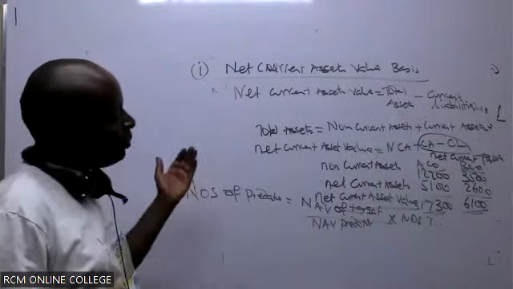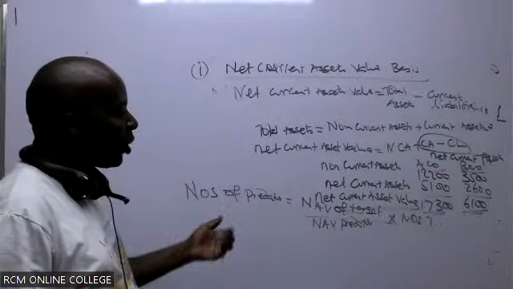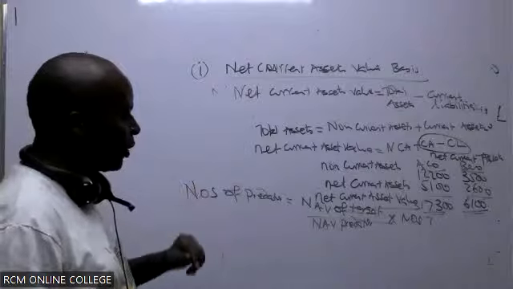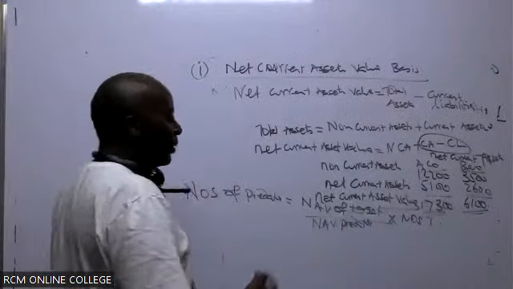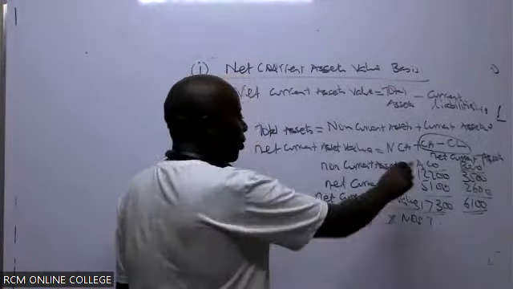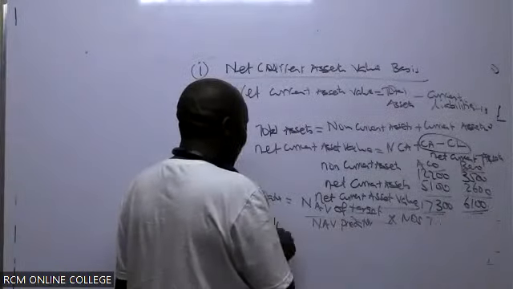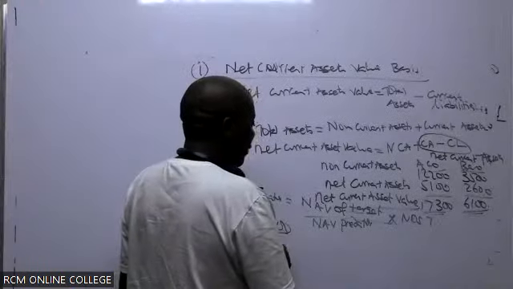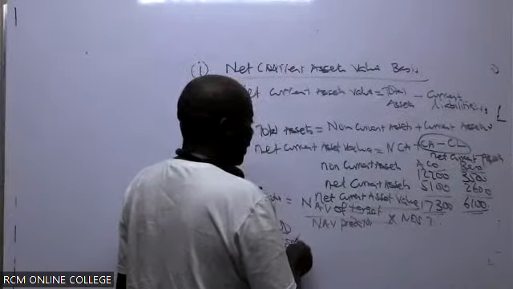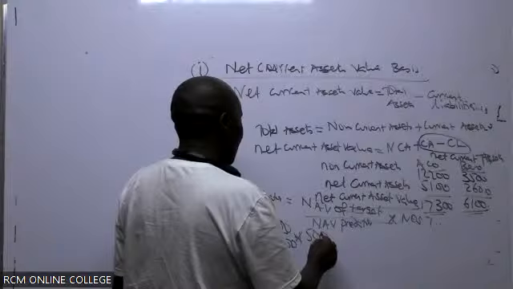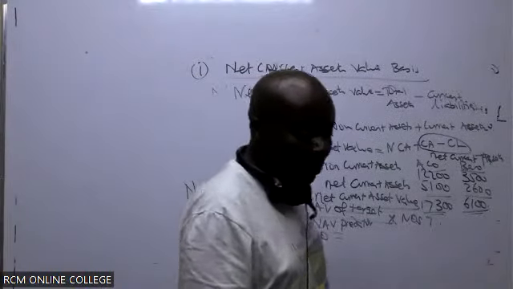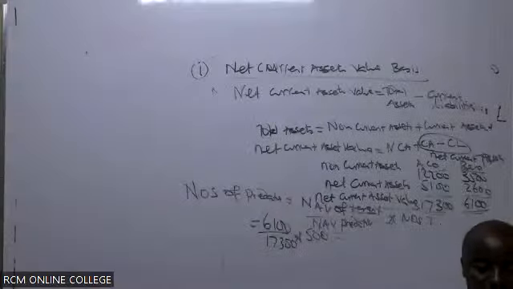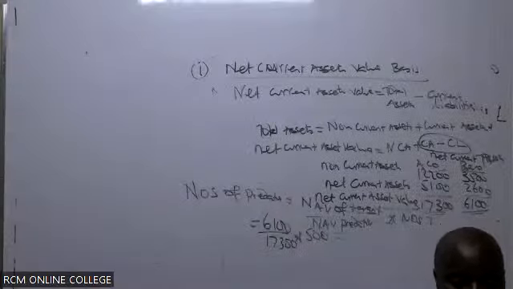So when I come to repeat this concept, it will now become clearer, and then I'll be able to explain why you need to use both methods in an exam. So our net asset value using this will be 6,100 for the Bero here, which is the target, over 17,300 times the NOS of the targeted company, 500. So what are we able to get, ladies and gentlemen?